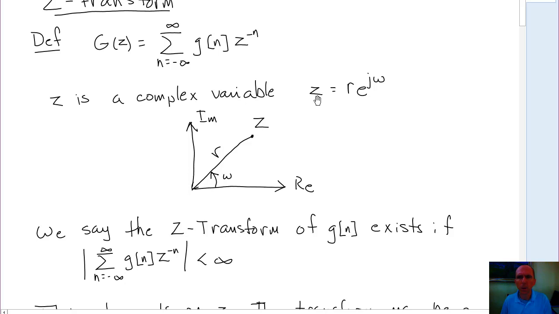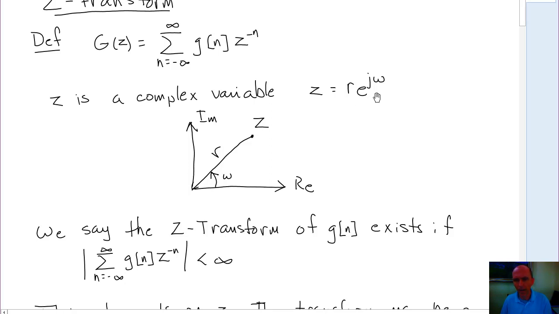If you remember, when we do Laplace transforms, the s is usually written in rectangular form, real and imaginary part. Z is also a complex variable, but instead of writing it in rectangular form, we write it in polar form.